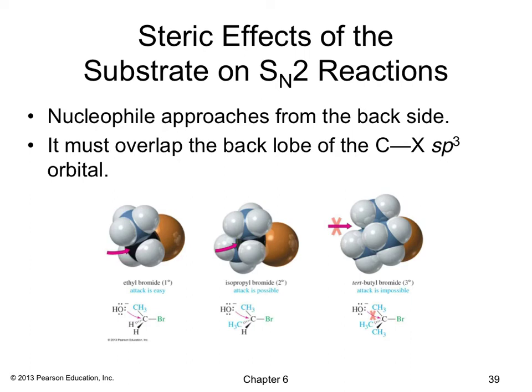And so as you go from primary, which is easy, secondary, now it's getting bulkier, but attack is possible. But if you look at this tertiary butyl bromide, it completely blocks the nucleophile coming in. As a result, this is not possible, and SN2 does not occur.